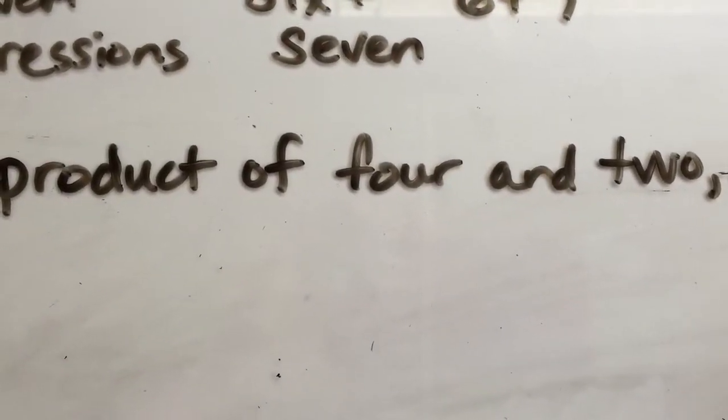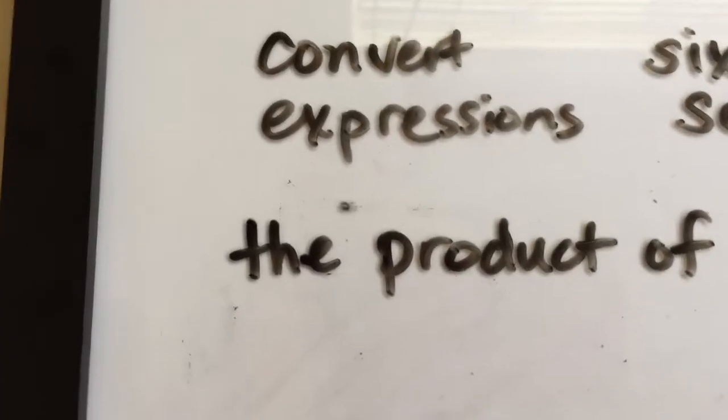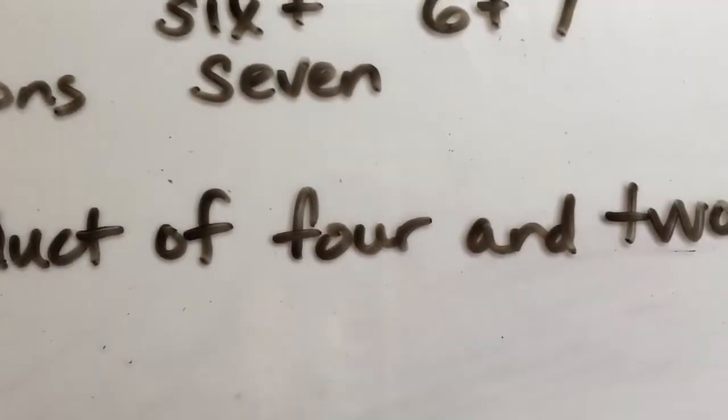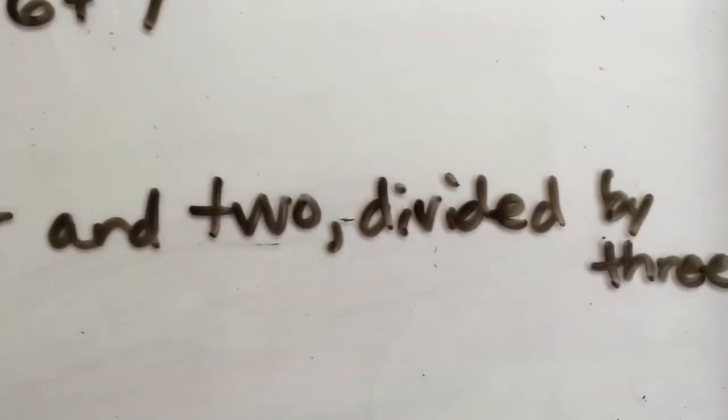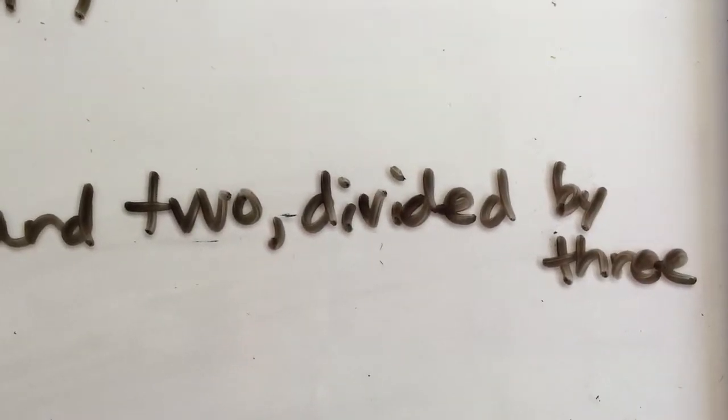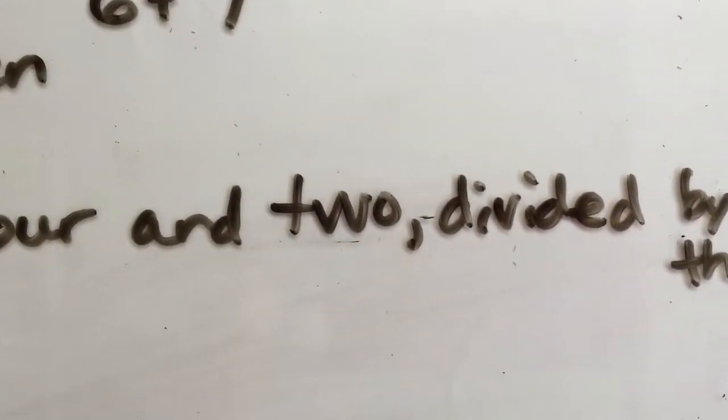I'm running out of room here, but I'll show you. Let's read together. The product of 4 and 2, divided by 3. And that comma is even going to help us out a little bit.